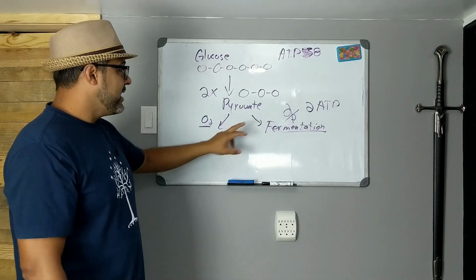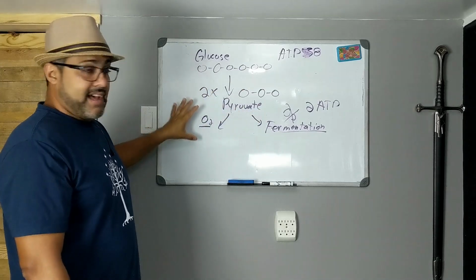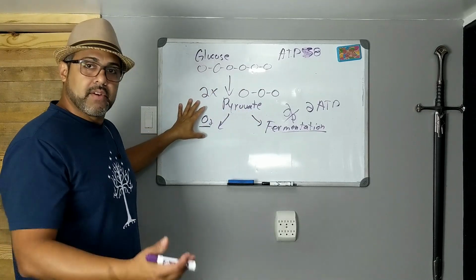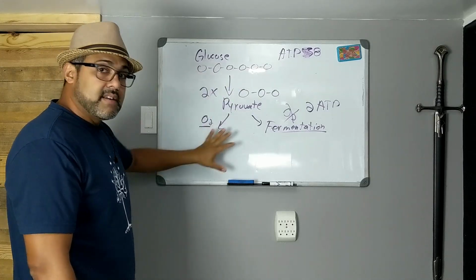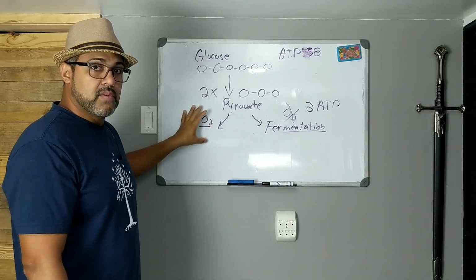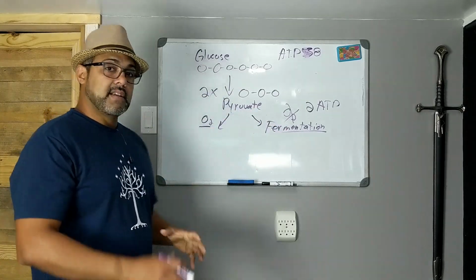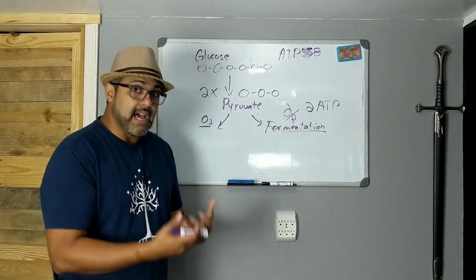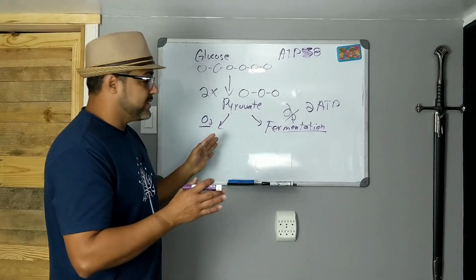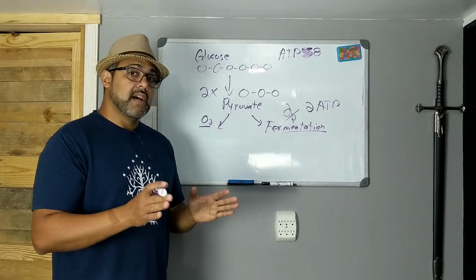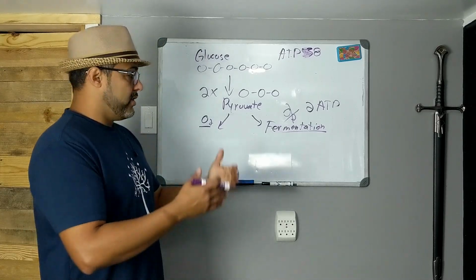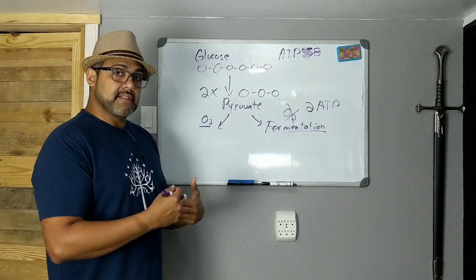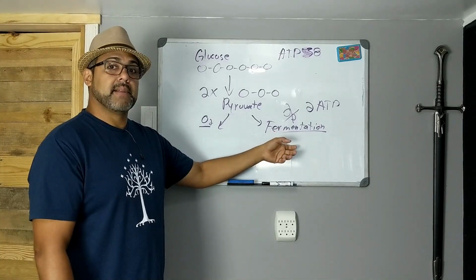The problem is, if I don't have oxygen and I decided to do this pathway, I'm going to be dead, right? They cannot survive because there's no oxygen. So in this case, this is survivor mode. When these organisms decide to ferment, it's pretty much saying, okay, I don't have oxygen, I need to survive. And in order for me to survive is by doing this, the fermentation.